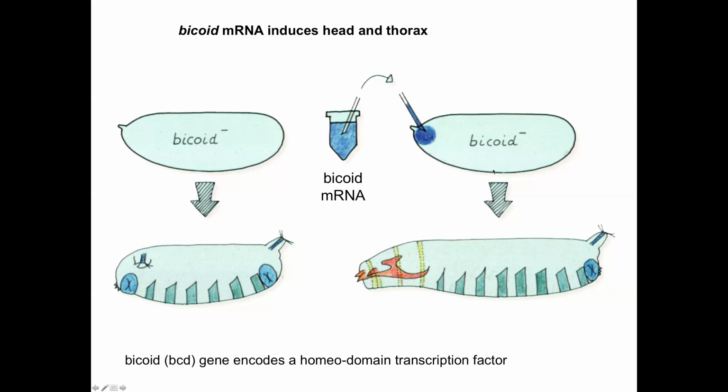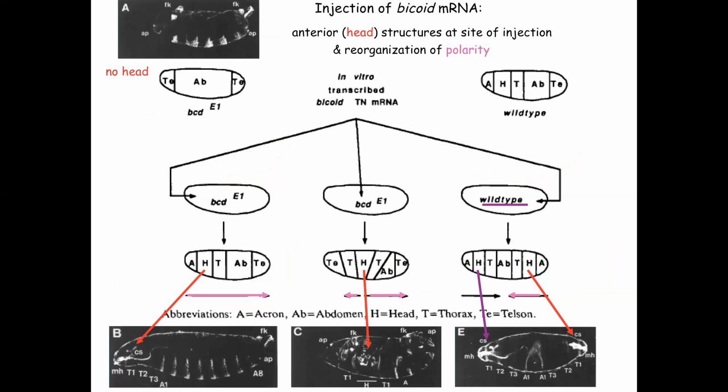So bicoid, being a transcription factor, had the ability to activate genes that would be necessary for giving cells in the anterior part the development of head structures.